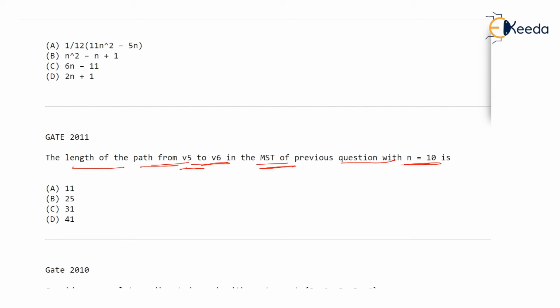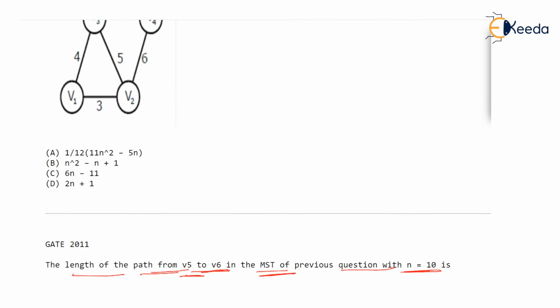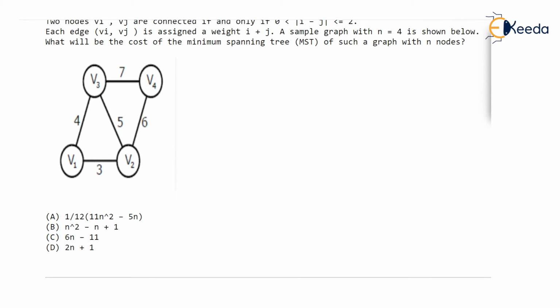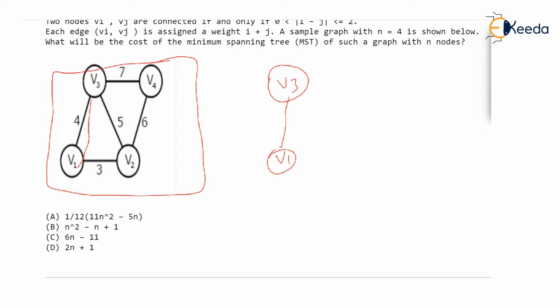Just as an example, if this was the only graph, not 10 vertices, imagine this is the graph, then what will be the tree? The tree will be V3 connected to V1 with a weight 4, V1 to V2, this must be there, 3 is minimum, and then 5 cannot be added because this will cause a cycle.